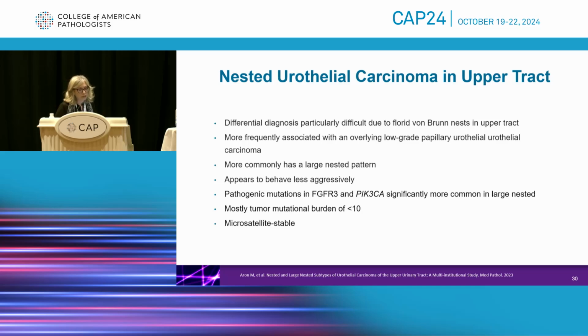So at this location, nested urothelial carcinoma was more frequently associated with an overlying low-grade component and had most commonly large nested patterns, so not the small nest that I've been describing, the nested variant. Behaved less aggressively, interestingly, and had more pathogenic mutation in the FGFR3, PIK3CA, and we have seen the FGFR3 is really not common in the regular variant of nested carcinoma, with a low mutational burden and microsatellite stable.